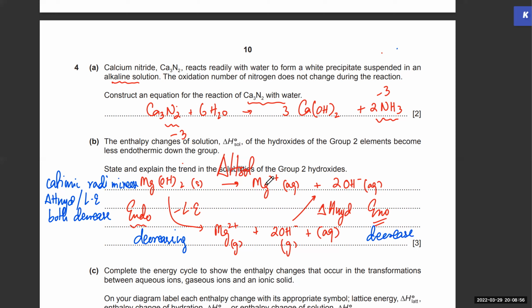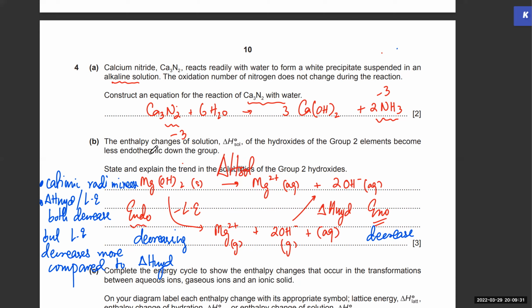But since the overall enthalpy of solution is becoming less endothermic, that means the endothermic part is decreasing more compared to the exothermic part. So that's point number 1. Point number 2, the last point, would be that lattice energy, which is the endothermic part, decreases more compared to the enthalpy change of hydration.